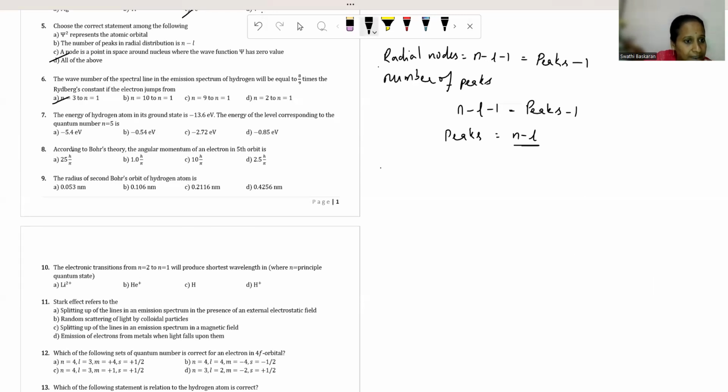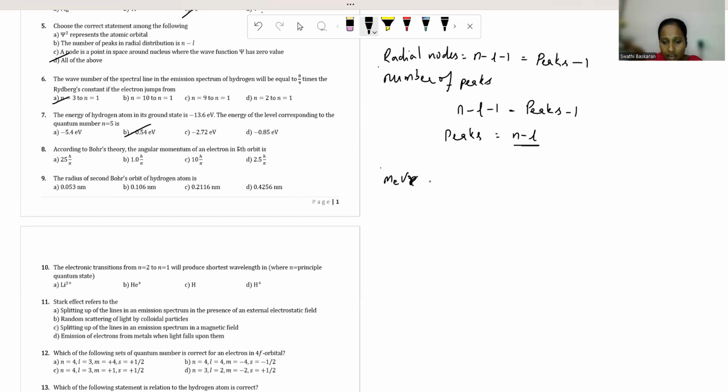Okay. Which question are we at? Eighth question. So this is done. Option B is correct. According to Bohr's theory, the angular momentum of an electron in fifth orbit. Okay, they are asking in fifth orbit. So we know the formula of angular momentum. So this is also once again based on Bohr's atomic model. So Bohr had given something called m_e, that is mass of electron, velocity. This is small r, students.